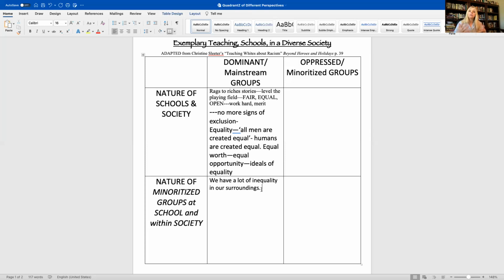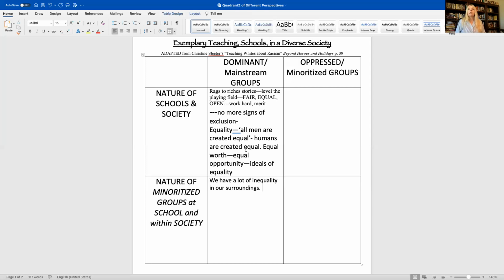My point being that you have all of this inequality around you, and again, from the dominant perspective, this is a problem for a country that says that it's about equality. If we didn't say we were about equality, it wouldn't be an issue.